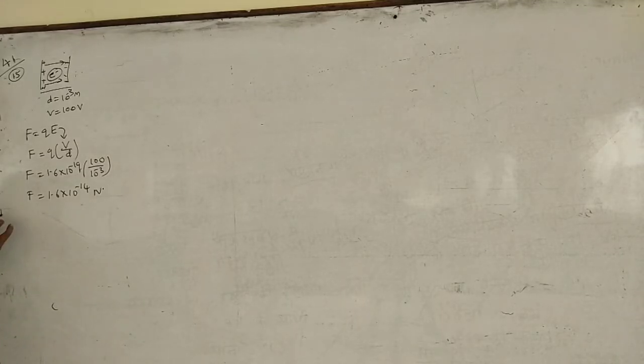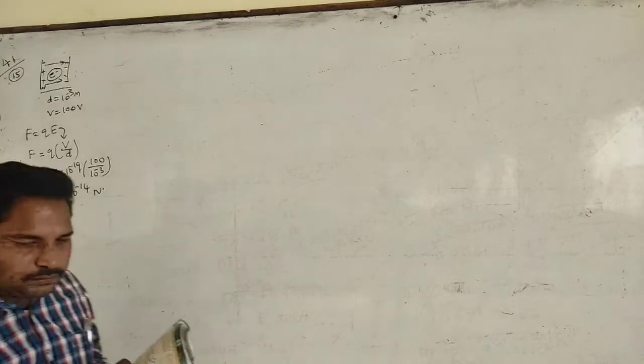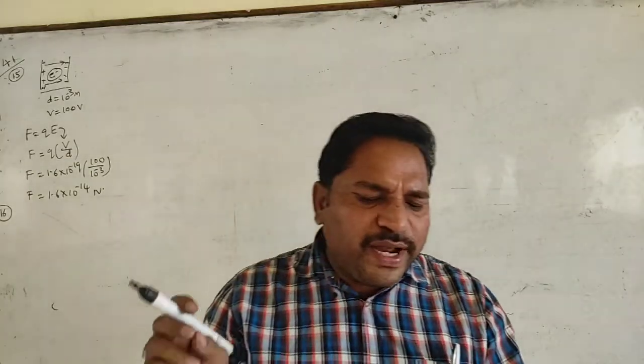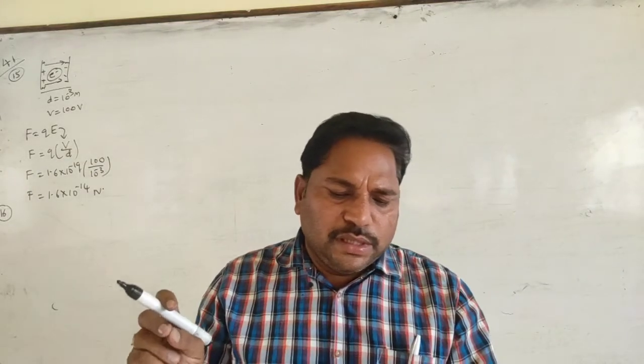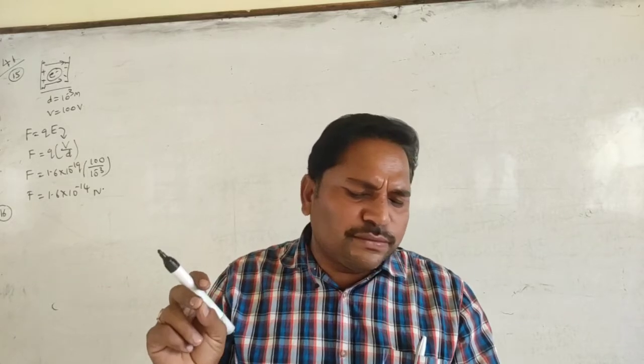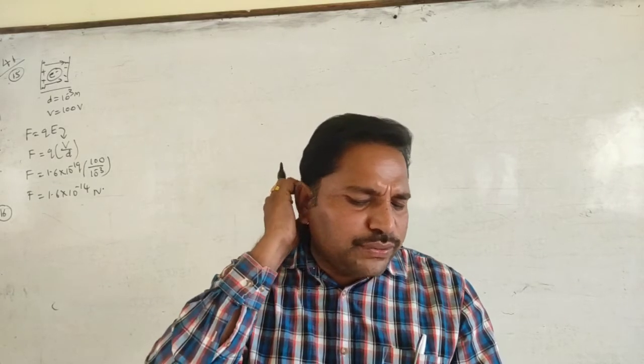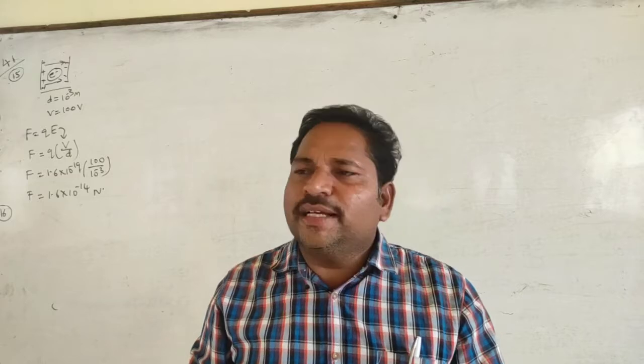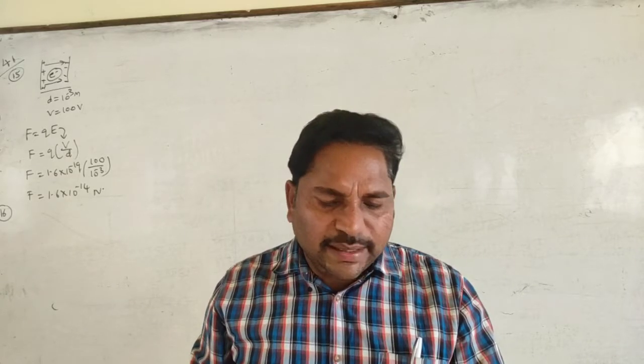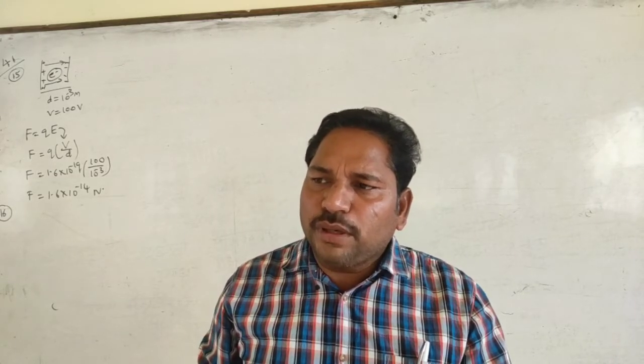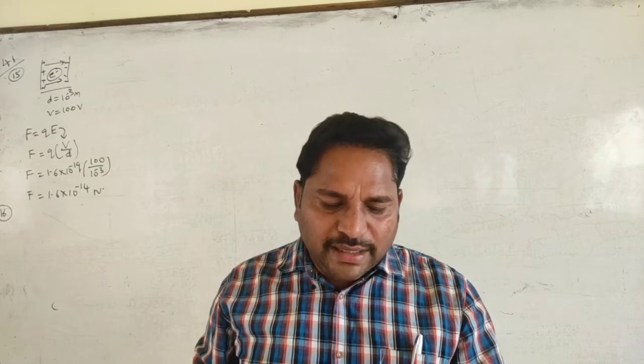Next, question 16. An infinite number of charges, each equal to q, are placed along the x-axis at x equal to 1, x equal to 2, x equal to 4, x equal to 8, and so on.